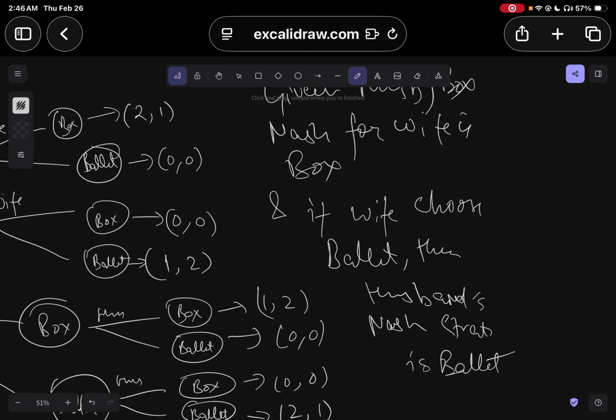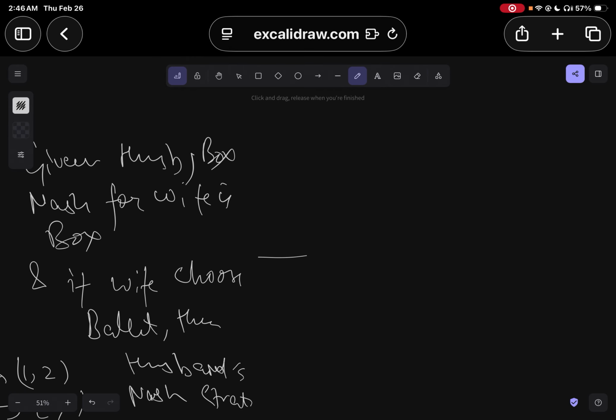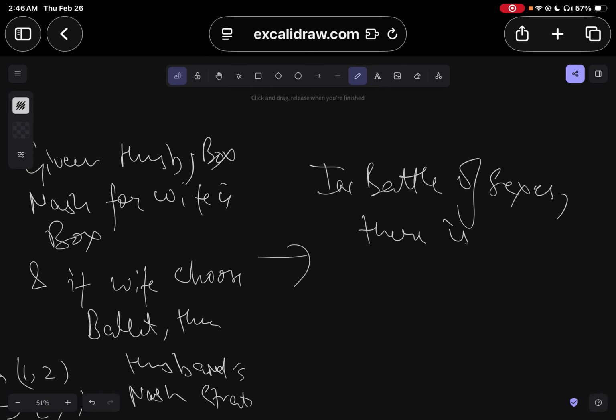In the battle of sexes, there are two Nash equilibria. There is no dominant strategy. Given the husband has chosen boxing, the Nash strategy for the wife is to go for boxing.